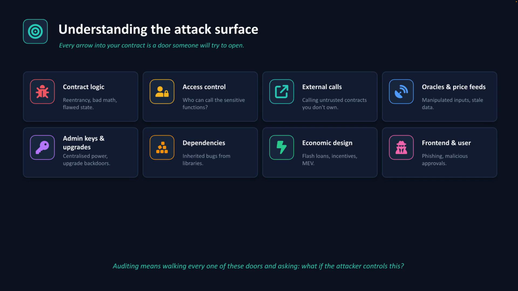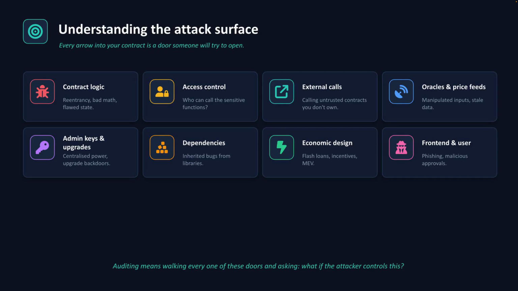Then we discuss external calls: calling untrusted contracts you don't own. In the case of the DAO hack, there was an attacker contract, a smart contract, which kept on calling the withdraw function. The next one is oracle and price feeds.